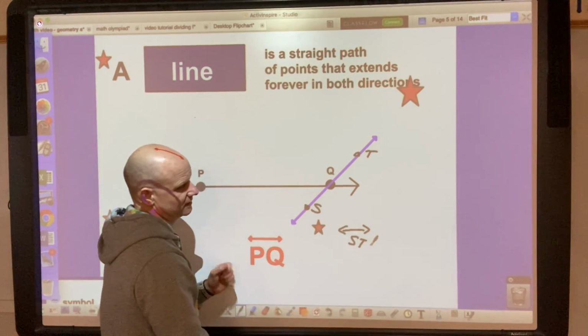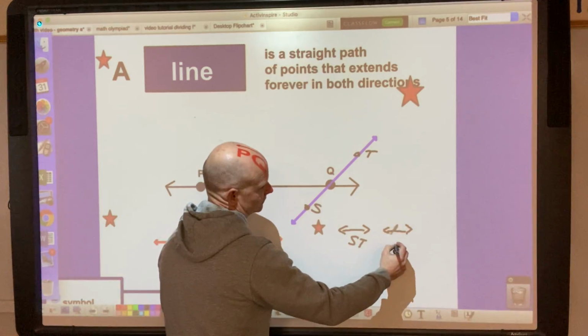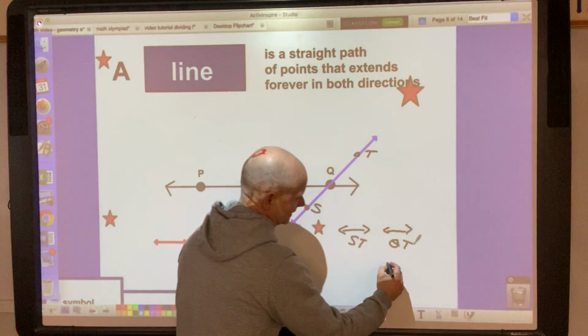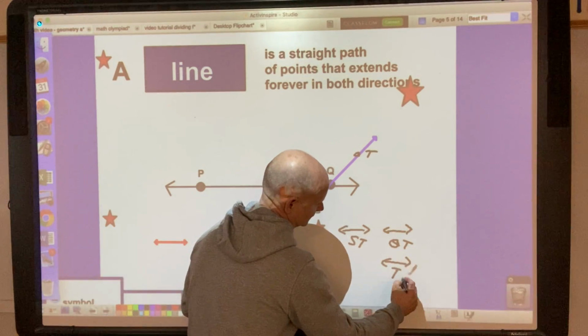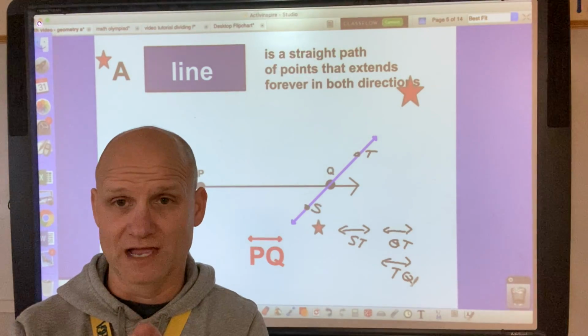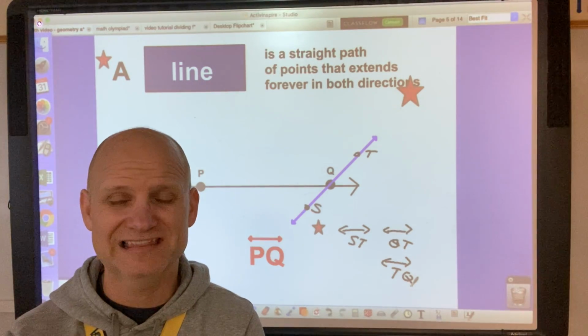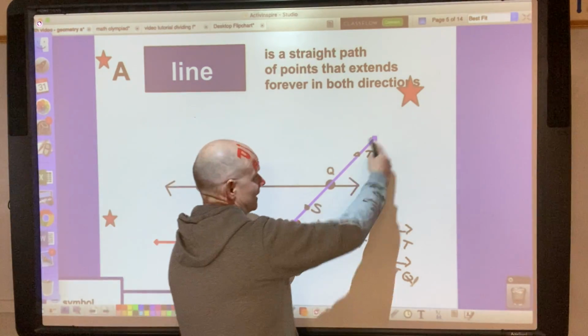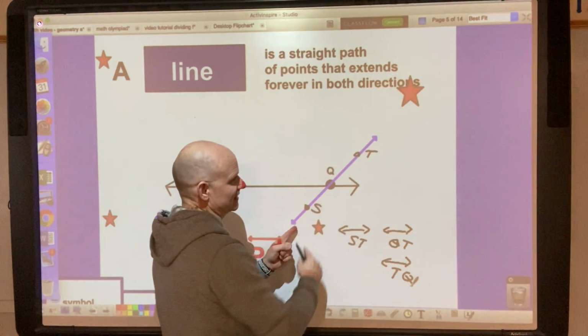I could call it line QT. I'm still talking about this line. I can call it line TQ. As long as you use the symbol for the line and 2 points that are on that line, you are identifying it correctly. So we could have multiple identifications for this line.